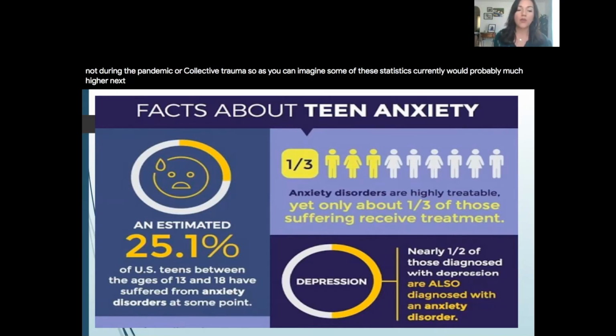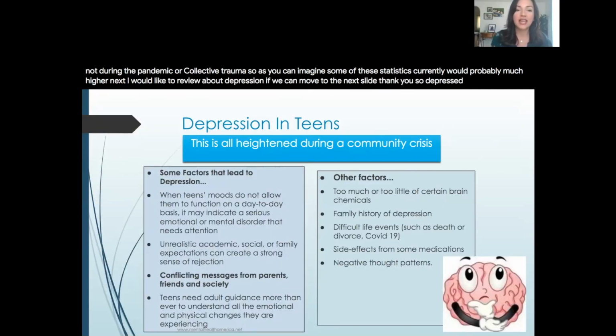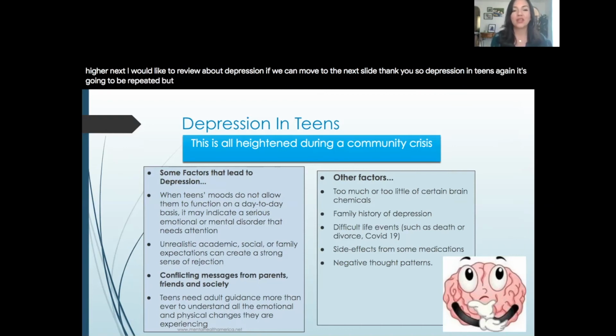Next, I would like to review depression in teens. Again, it's going to be repeated, but during this time of community crisis, this is also something that is heightened. Here you can see some factors that lead to depression: unrealistic academic, social, or family expectations.